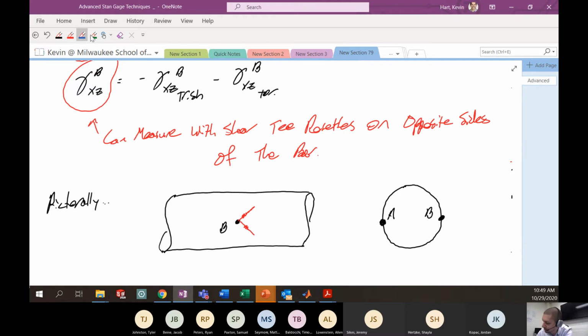Let's say my axes of interest are this coordinate system here, X, Z.